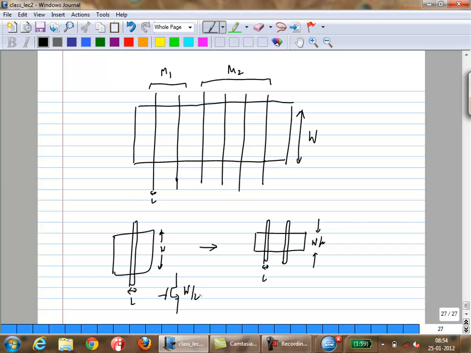This is effectively the same as having two transistors in parallel, each with W over 2 and same length L. So the overall width is going to be W over L, right? Okay, actually, you know what, let's stop here, it's already 8:55.